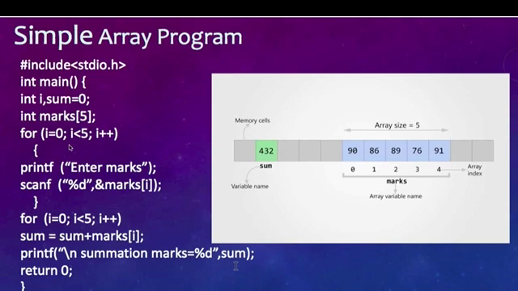After iterating this loop, we'll be getting values from 0 to 4, and we can store the user inputted values to these memory locations. Initially we declare the array, and we can get the values to those locations using this syntax.